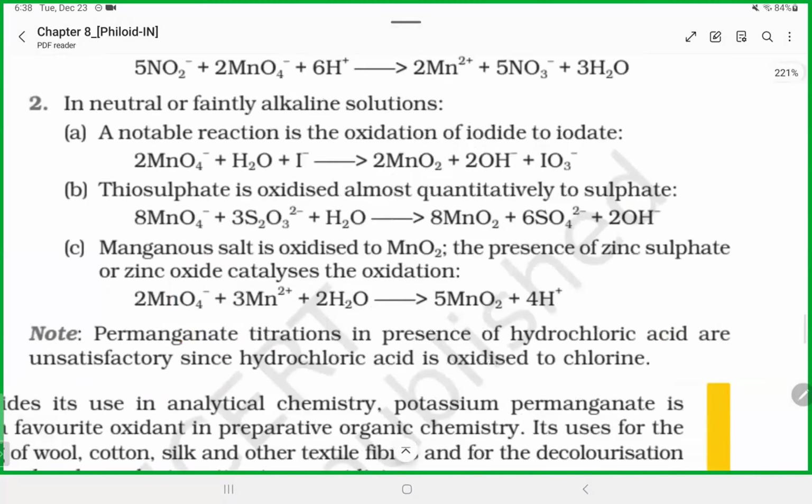See this. In neutral and faintly alkaline, all these things, but potassium permanganate titration in presence of HCl is unsatisfactory because HCl is oxidized itself to chlorine easily. Correct? Why? Because two hydrogen can form H2O easily.